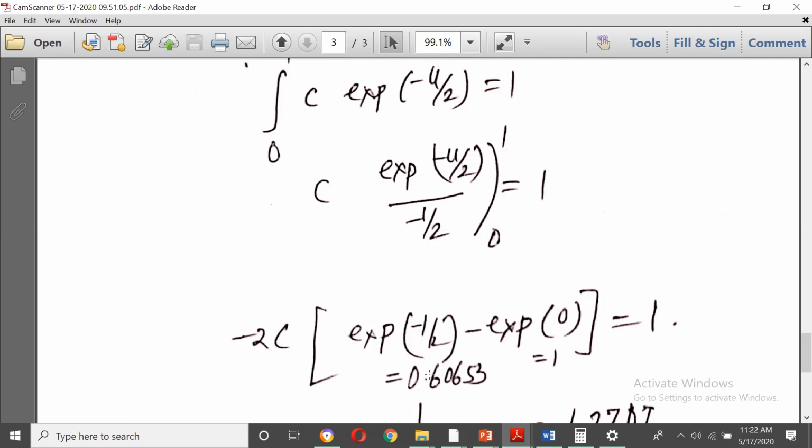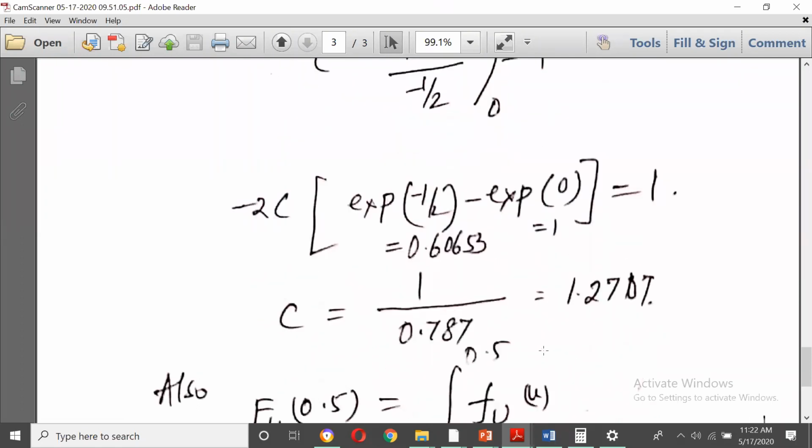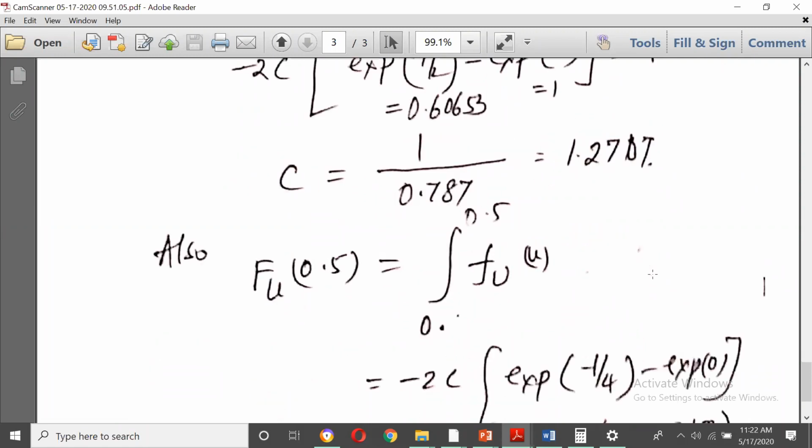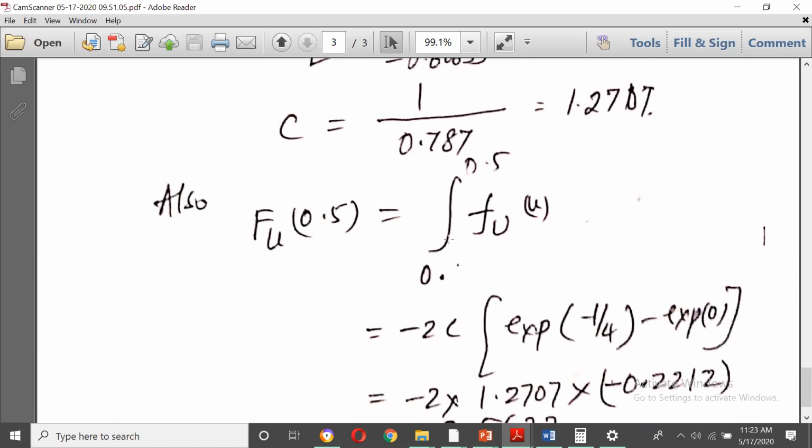This value will be 0.60653. This value will be 1, and hence we will get C equal to 1 by 0.787, that is 1.2707.